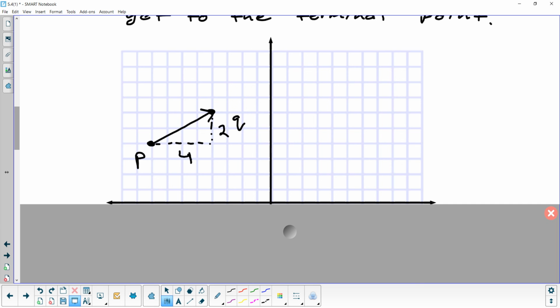Yeah, we could use the Pythagorean theorem. A lot of things we're going to do with vectors involve making a triangle, and then either figuring out how long it is, which is what we call the magnitude, or we could find that angle right there using trig, and that would give us the direction of the vector as an angle. So you'll see some of the stuff we do uses things we've done before.